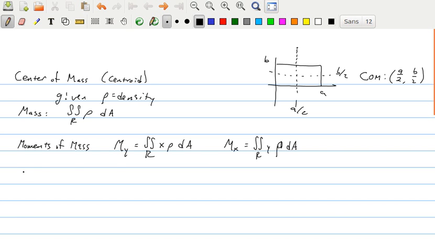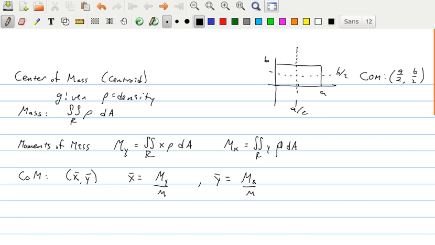And once we have these, the center of mass is going to be the point x bar, y bar, where x bar is defined to be the moment about the y-axis divided by the mass, and y bar is defined as the moment about the x-axis divided by the mass. So this gives us a formula to compute the center of mass.